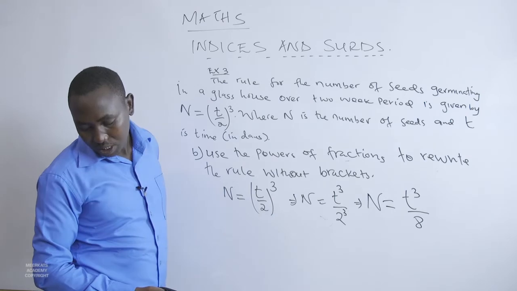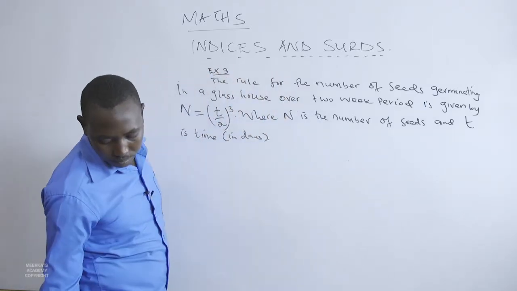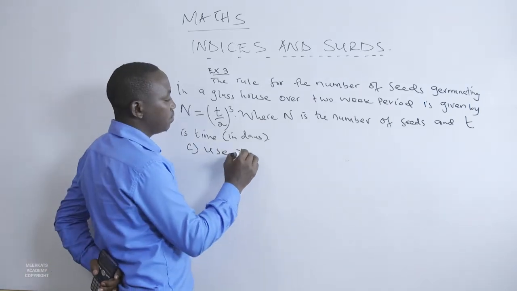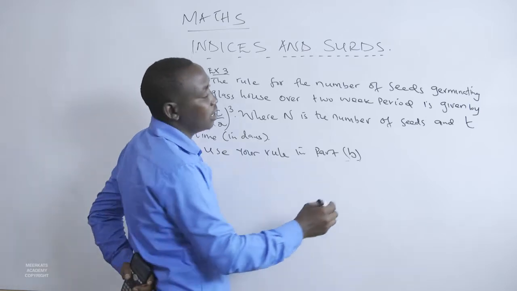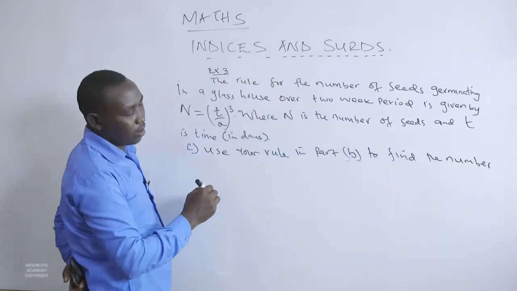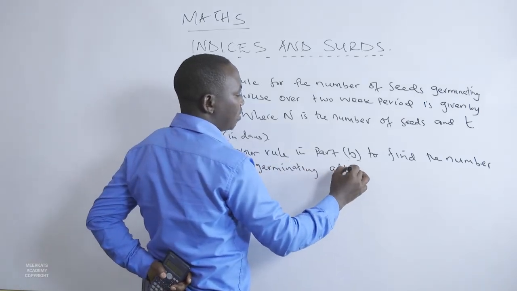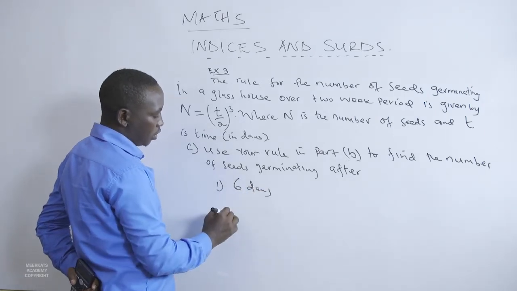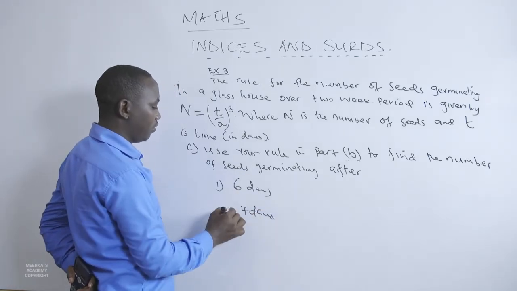We now want to use this rule to solve questions in part C, which says: use your rule in part B to find the number of seeds germinating after 6 days and 4 days.